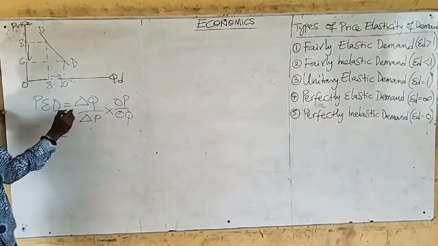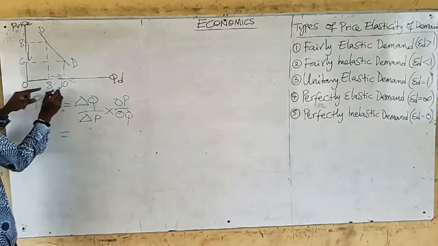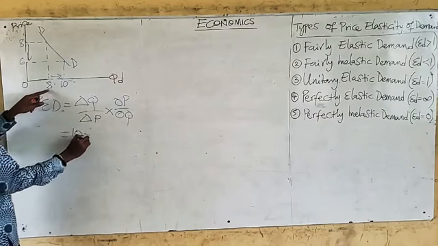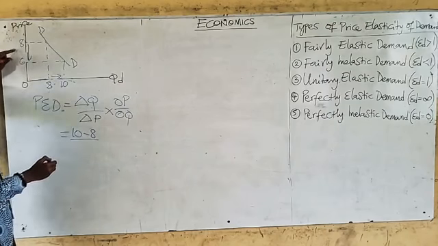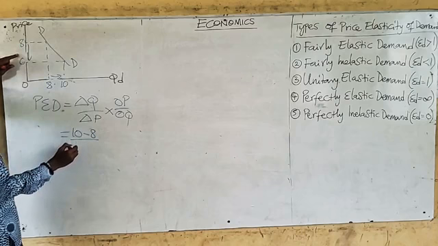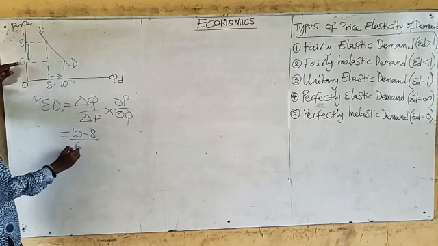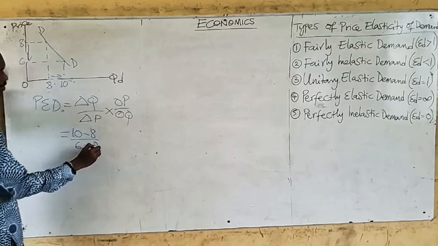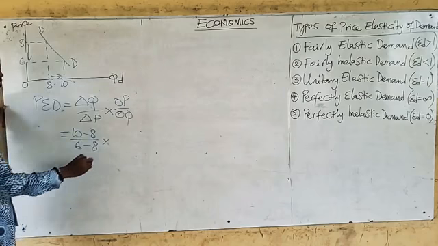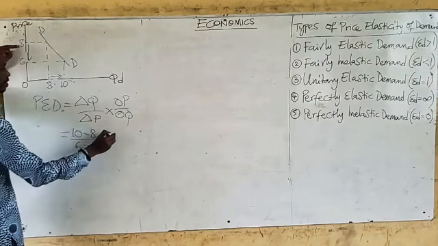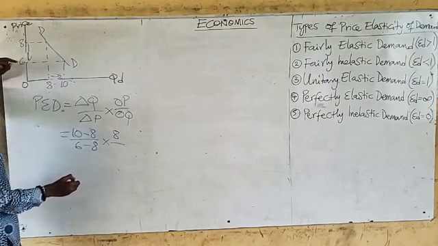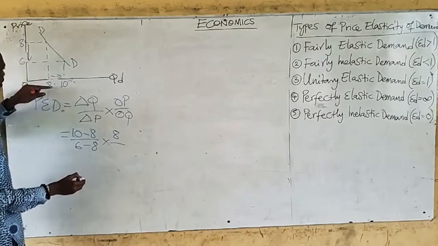So what do we get here? Change in quantity will be 10 minus 8, divided by change in price, which is 6 minus 8, times original price. The original price is 8, divided by original quantity, which is also 8.